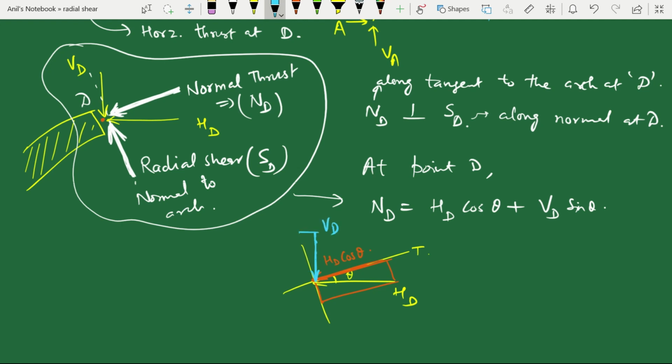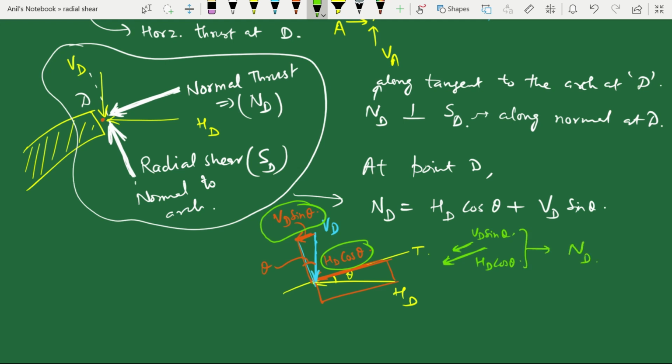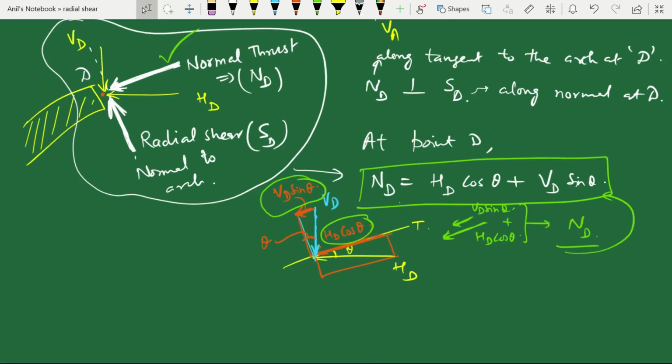VD also has two components along the tangent and perpendicular to it. This angle is theta, so this component would be VD sin theta. Both of these components are parallel and in the same direction, and both of them make ND, that is normal thrust at D. Therefore we add them. So this becomes normal thrust at D, which acts along the tangent at D.